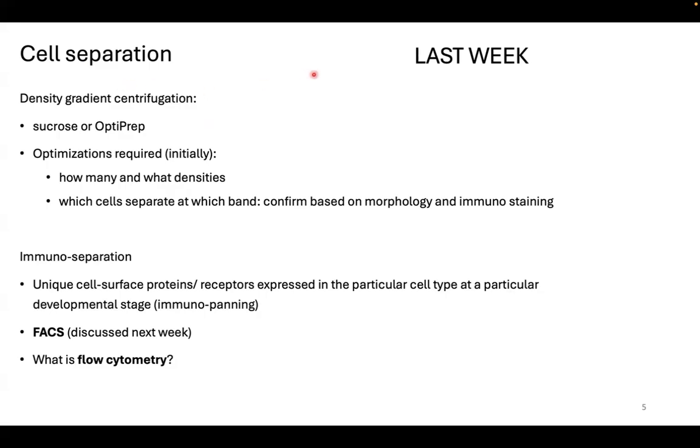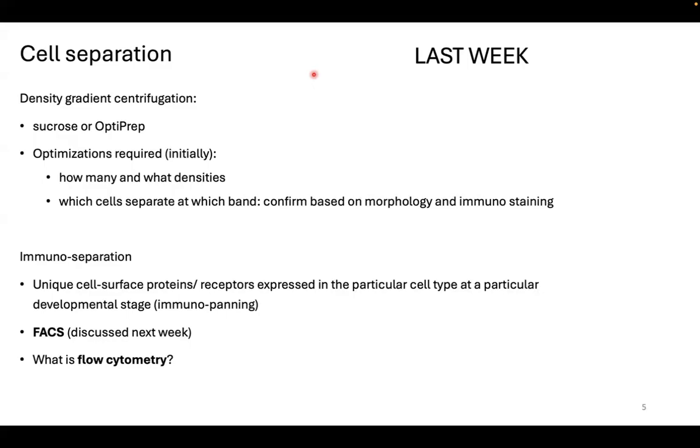We've talked extensively about this in the last week or two, where you can use enzymatic dissociation or mechanical dissociation to make a single cell suspension. Cell-cell contacts are broken, and so are the cell-ECM contacts. So you just have pure cells with you in some sort of a medium.